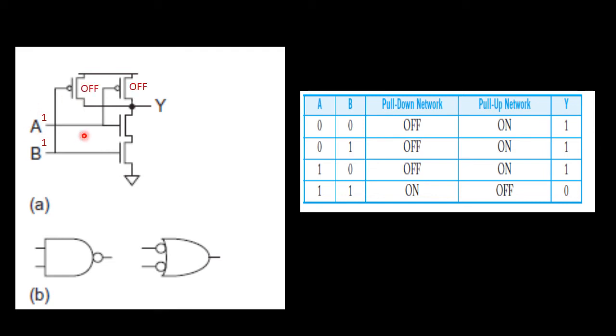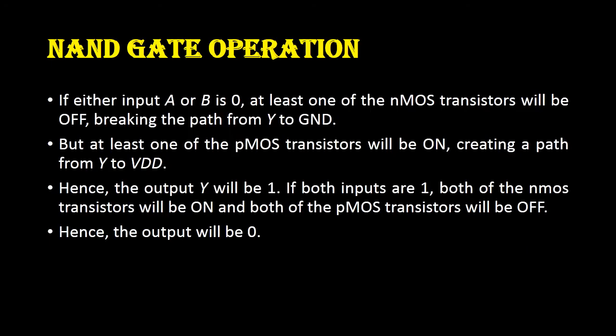So when we give the input as 1, 1, both the PMOS transistors are off and both the NMOS transistors are on. So the output Y is equal to 0. So now let us summarize the NAND gate operation. If either input A or B is 0, at least one of the NMOS transistors will be off, breaking the path from Y to ground.